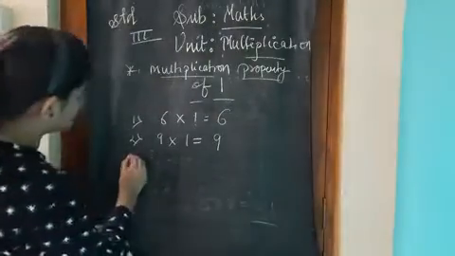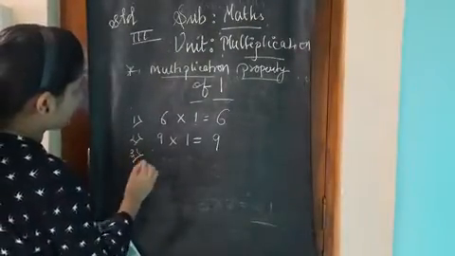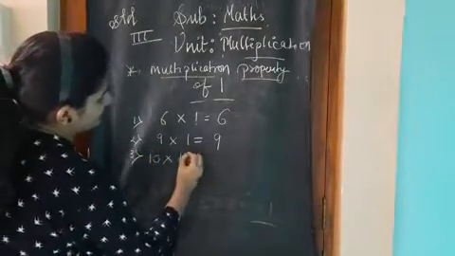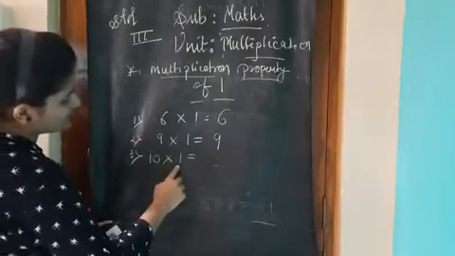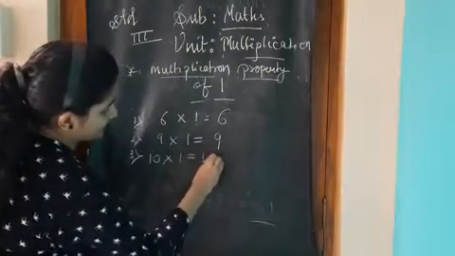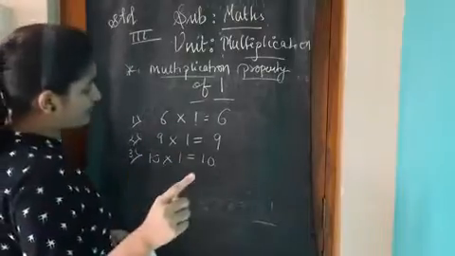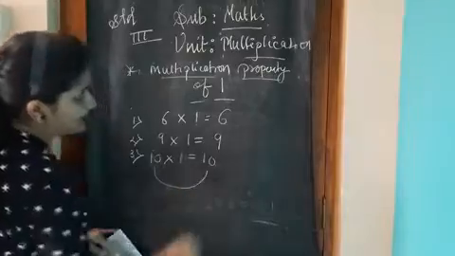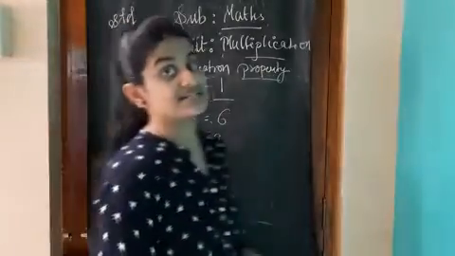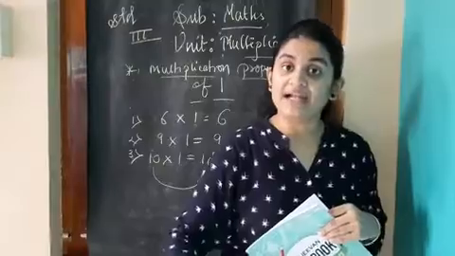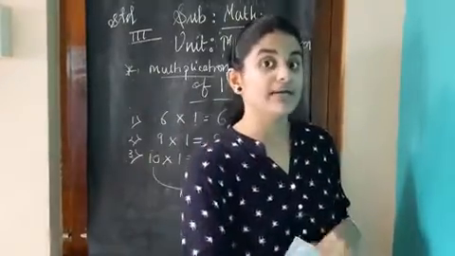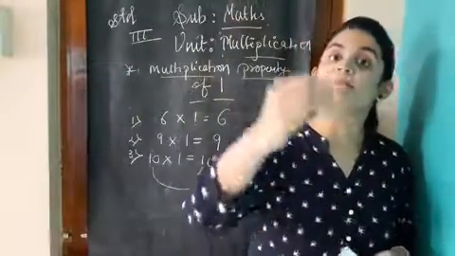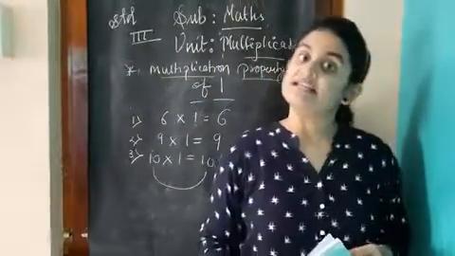See, I am giving you one more example. 10 into 1 is equal to 10, 10 ones is 10. Whenever I multiply a number with 1, the answer will be the number itself. Keep in your mind, जब भी कोई नंबर 1 से मल्टीप्लाई करते हैं तो हमारा आंसर वह नंबर आएगा.